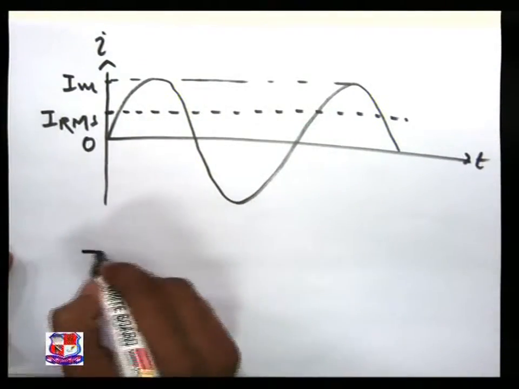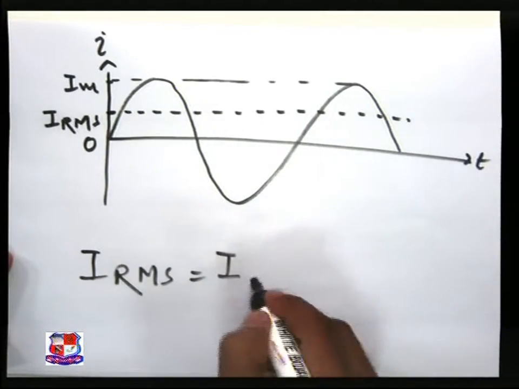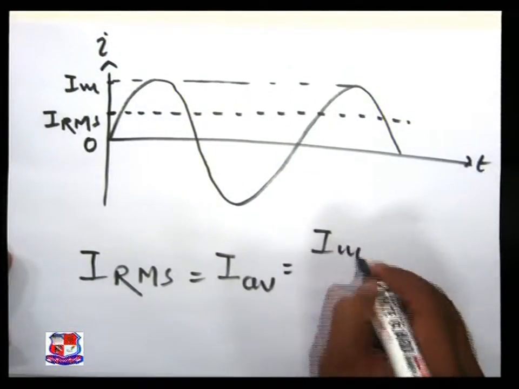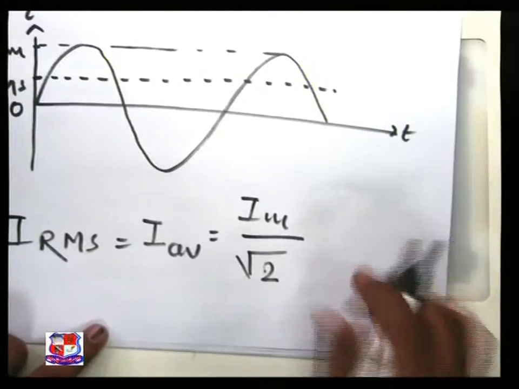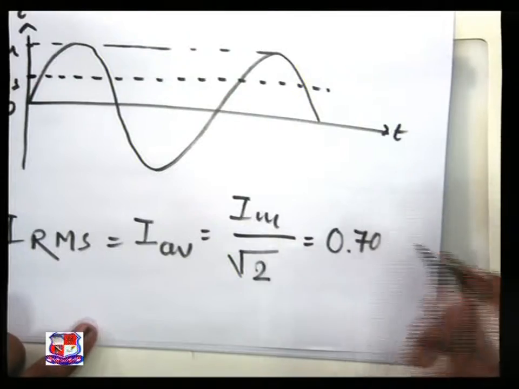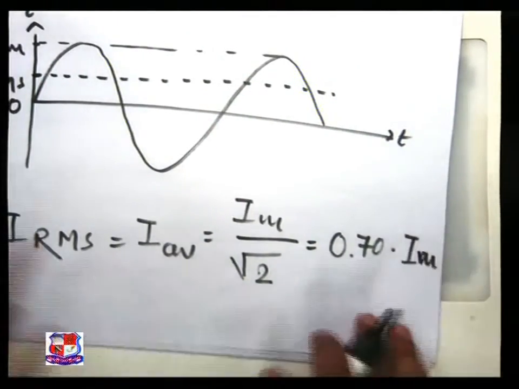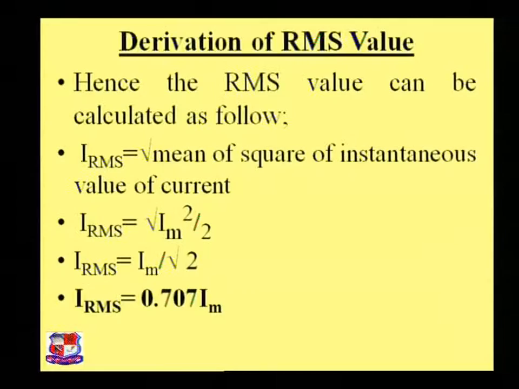Many times you find that it is the average value equal to Im by root 2, or we can write 0.707 into Im. So this is the value of IRMS.